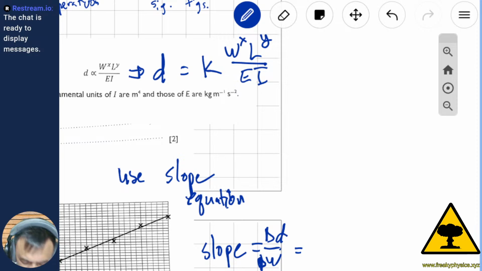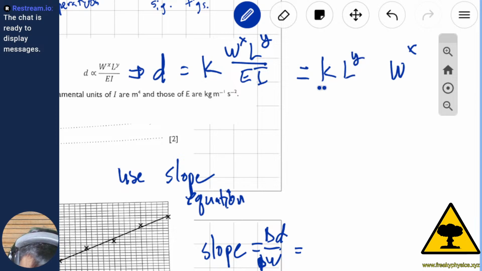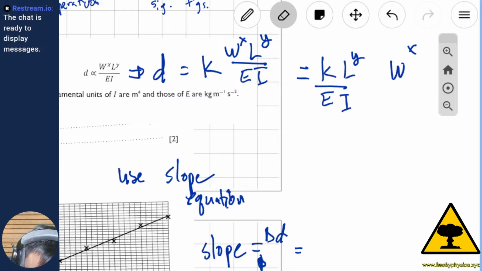Now we will put everything together that isn't W or D. So we're going to write it now as D is equal to K, W raised to X, here, and I'm putting everything together, L raised to Y over EI. Actually, we don't need this slope equation anymore.